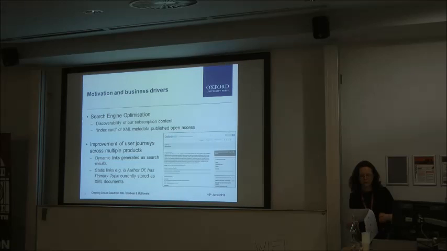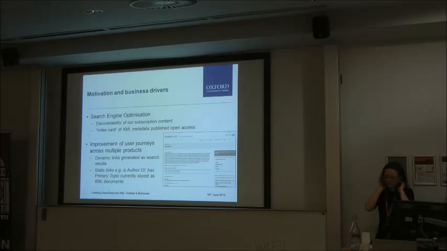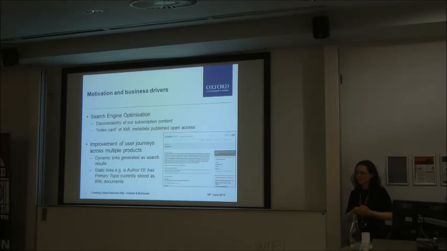So the main motivation for the work that I've been doing on RDF is within our discoverability programme. Because a lot of our products are subscription-based, they're not necessarily easily available to Google and other search engines to index.